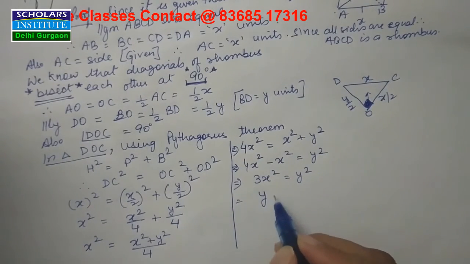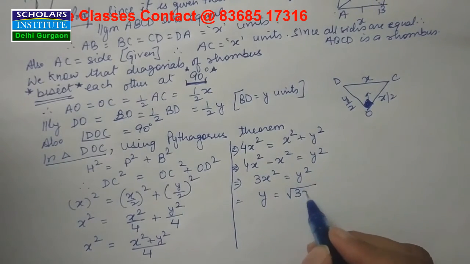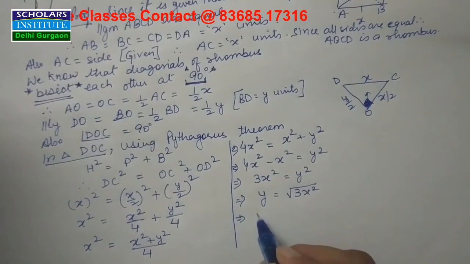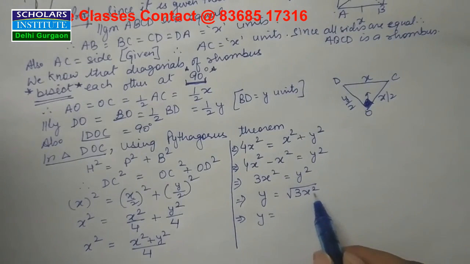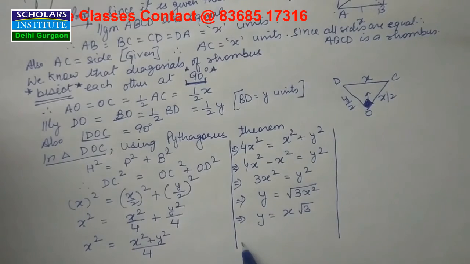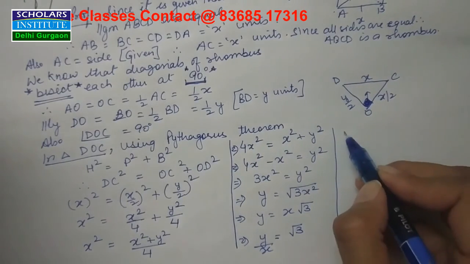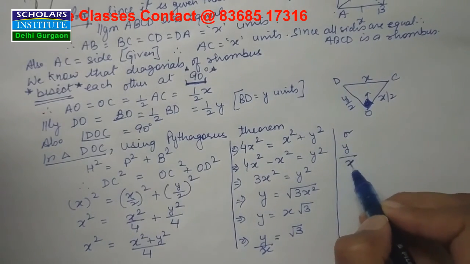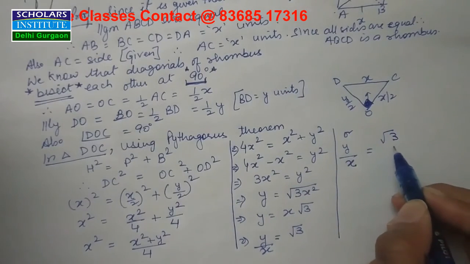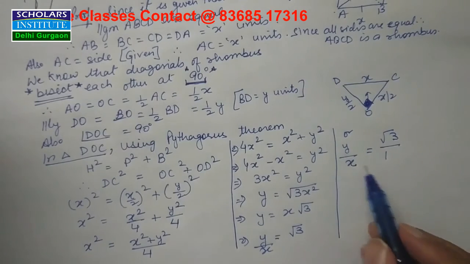So what will be the value of y? If there is a square and we go to that side, that means it's root 3x square. That makes y is equal to, x will come out because there is a pair, and root 3 will be there. So now what do we get? We get y upon x is equal to root 3, or we can say y upon x is equal to root 3 upon 1. Let us substitute the value of y and x.